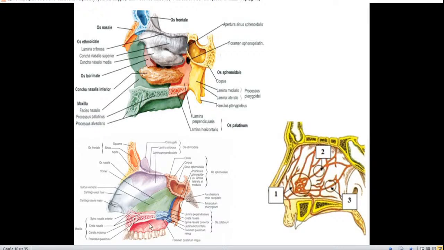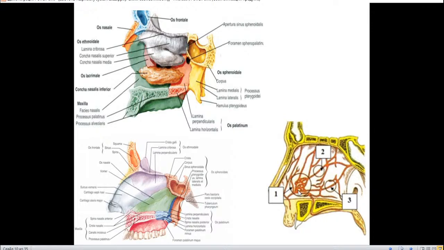About the blood supply: the nasal cavity is very vascularized, and in the anterior region of the nasal cavity we have the so-called Kisselbach plexus. It's a cavernous venous plexus, with formation of enlarged cavities in the mucous membrane of the nose.